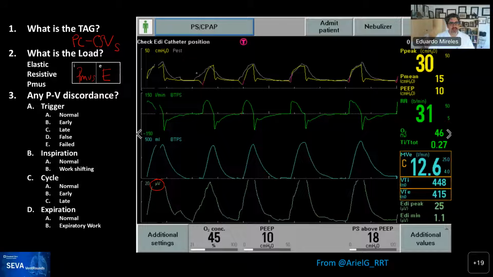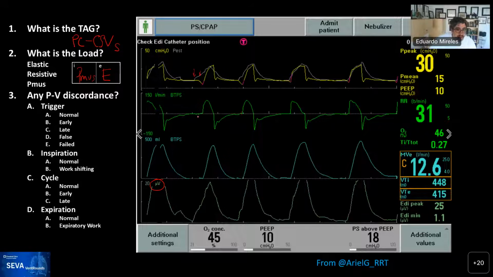This one looks like a late trigger, and this one is definitely a late trigger now that we have the EDI. So you have a couple of late triggers, breath number 2 and number 3, and then two breaths that are completely normal, this one and this one, which would be 4 and 5. Rob, comments about trigger?